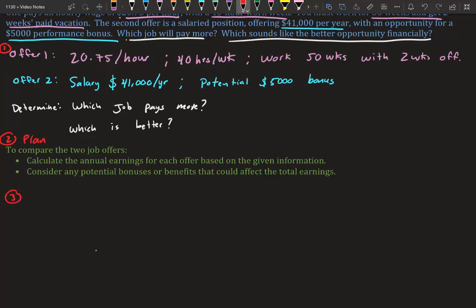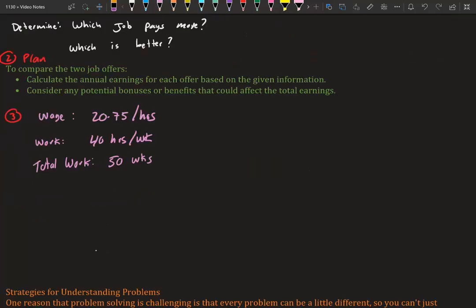So execute our plan. So our first job offer, we have an hourly wage of 20.75 per hour. You're going to work 40 hours a week and you actually work for the amount of 50 weeks.